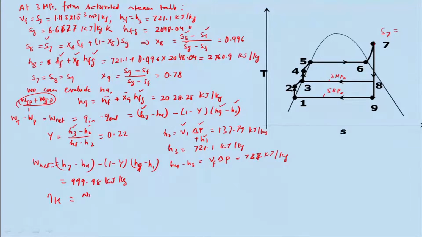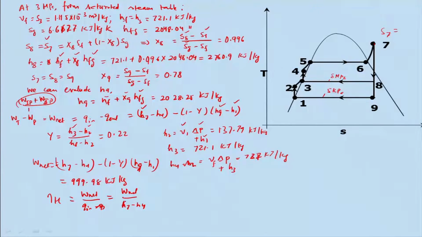is equal to W net over Q in, Q in is equal to S7 minus H4. So, this is S7, H4, both are known. So, you will get basically, this will not be right, this will be H3, okay, plus S3, that will give you that.